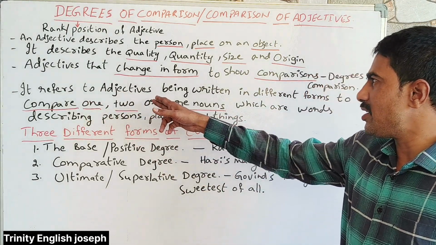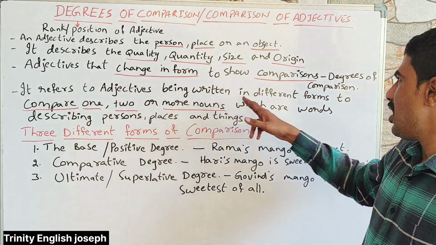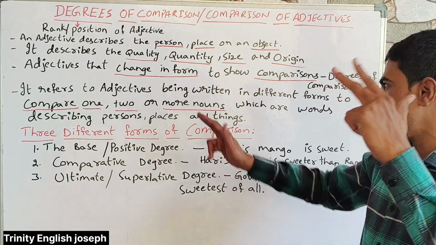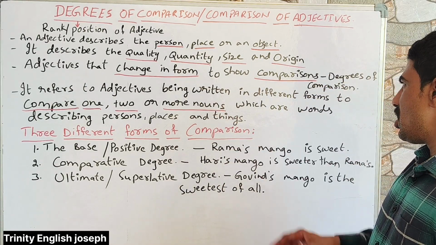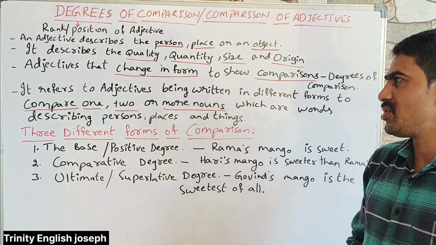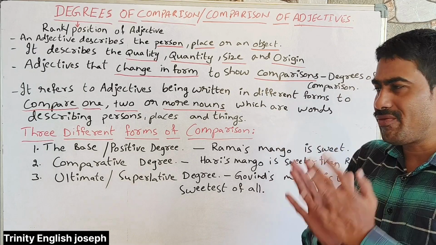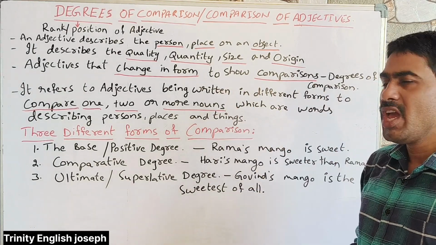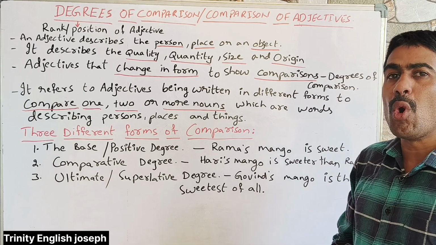It refers to adjectives being written in different forms to compare one, two or more nouns, which are words describing persons, places and things.